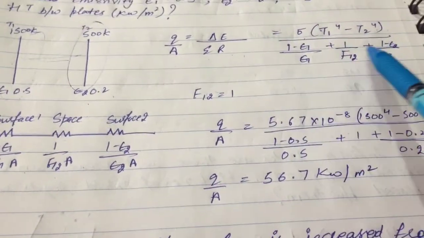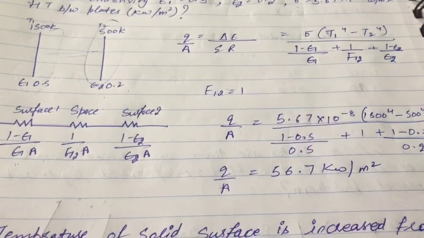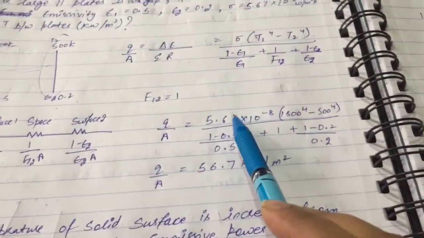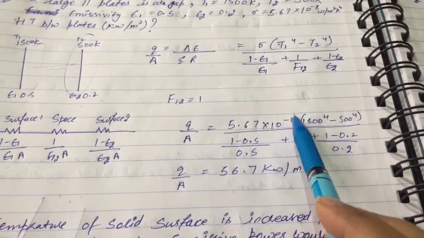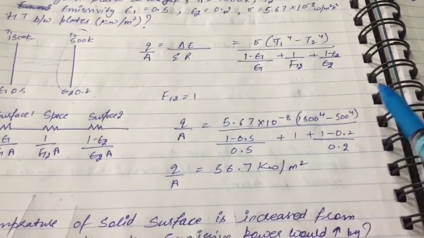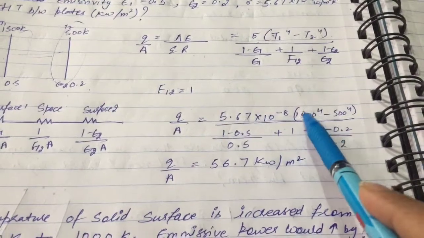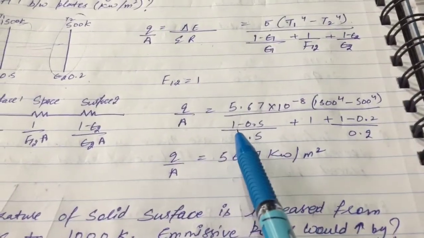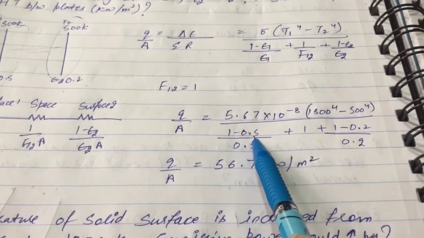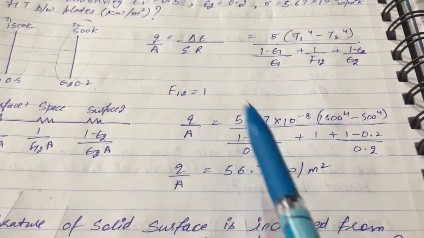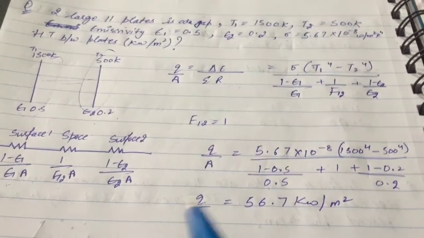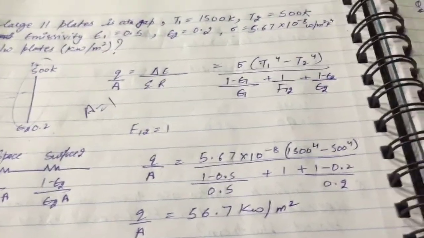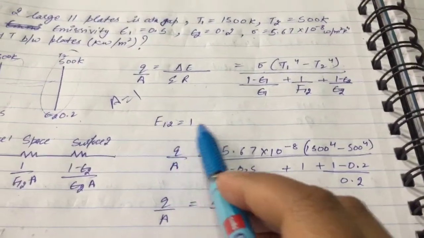Putting in the values which we are given, Q by A would be sigma 5.67 into 10 to the power minus 8 into T1, which is 1500 to the power 4, minus T2, 500 to the power 4, upon 1 minus epsilon 1, given as 0.5, upon epsilon 1. Area is not given, so we are going to take area as 1, and F12 would be 1.